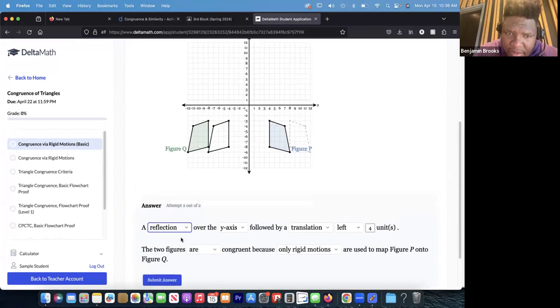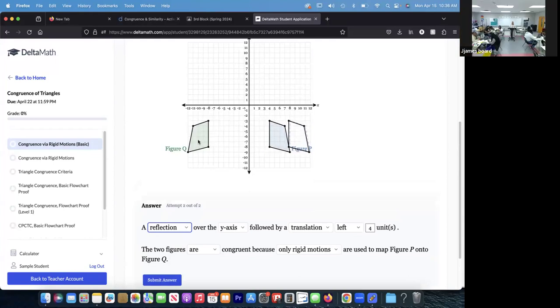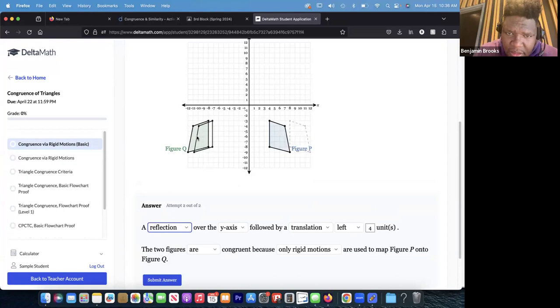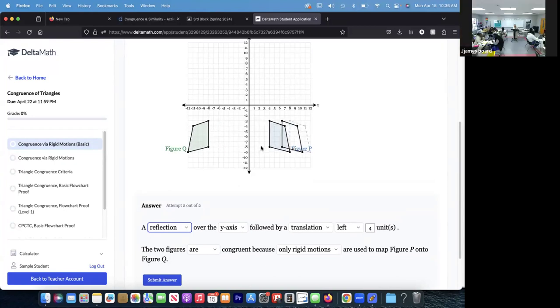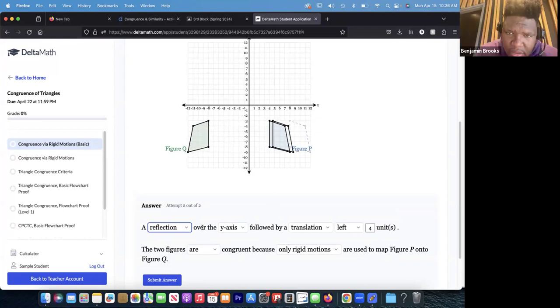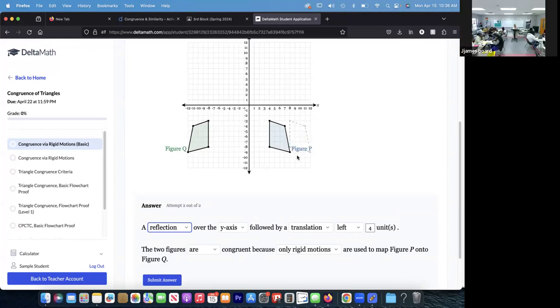Wait, what did I do wrong? Hold on. This reflected. Oh, this is figure P. Is it figure P? Okay, yep.